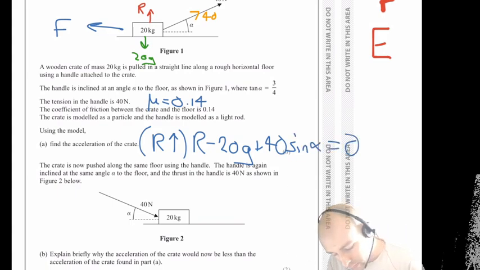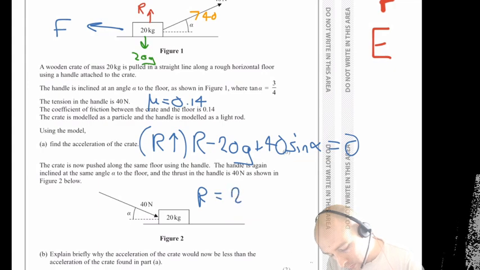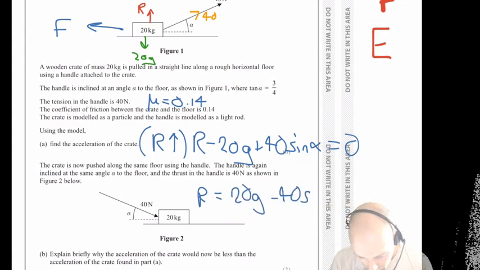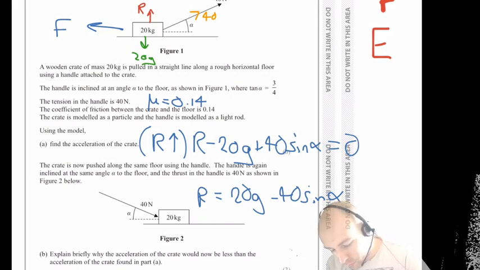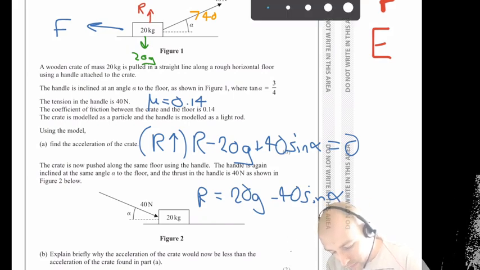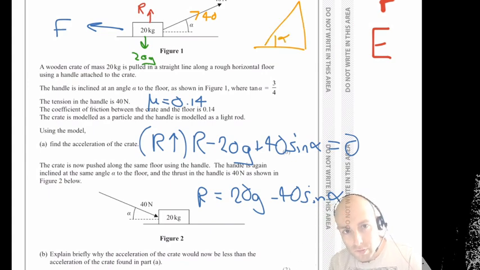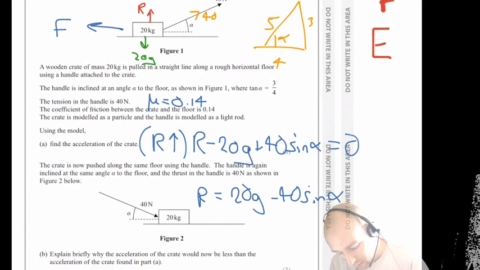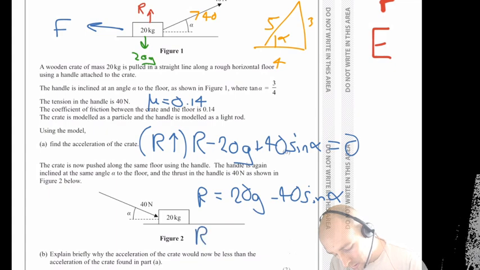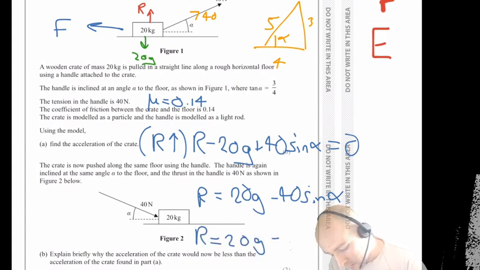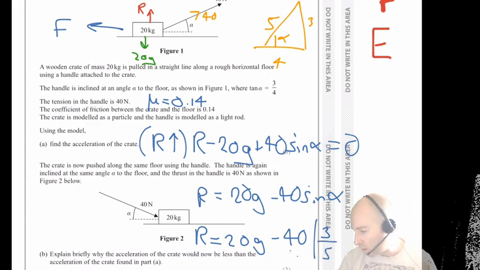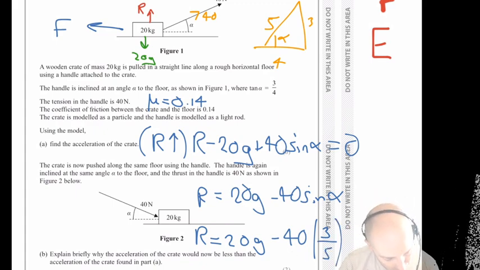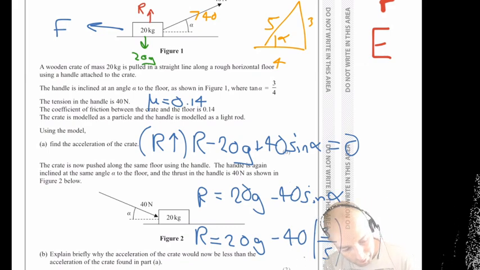So R is 20g, take 40 sine alpha. Cool, we know tan alpha is 3/4, so if I draw a quick triangle, there's alpha, tan is 3/4, so it's a 3-4-5 triangle. So sine is going to be 3/5. So we can say that R equals 20g minus 40 lots of 3/5. So we can actually work out a numerical value for R. So 20g take away 40 lots of 3/5. So we get 172 for R.